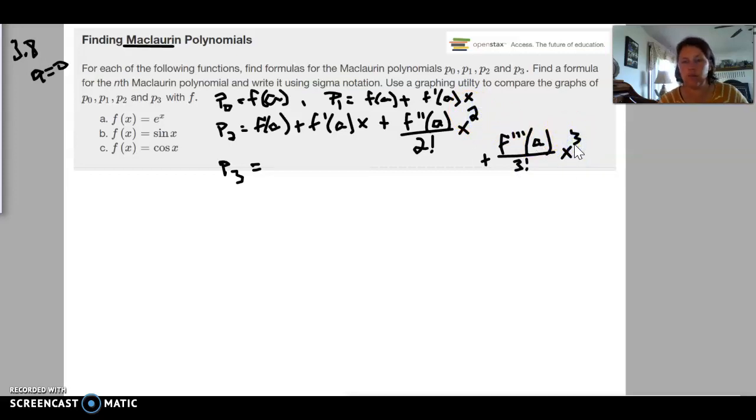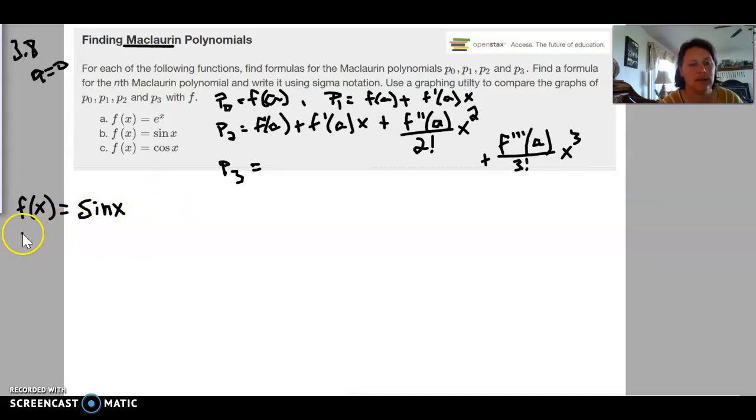Okay, so let's figure out what a Taylor polynomial for sine x is going to be. So first thing that we're going to do is start off by listing all of your derivatives. So first step in finding a Taylor polynomial is to figure out all of your derivatives. Start off with f of x, and in this case f of x is equal to sine x.